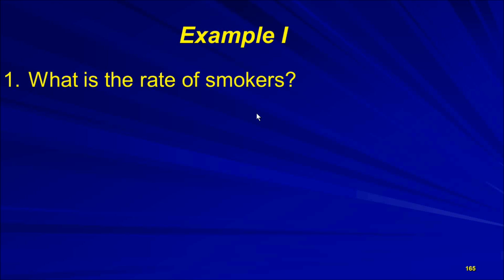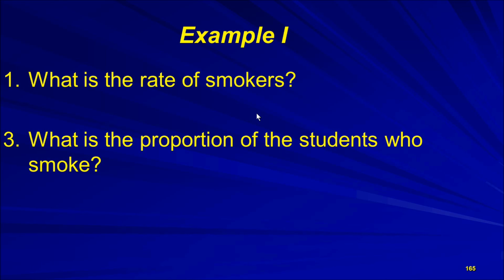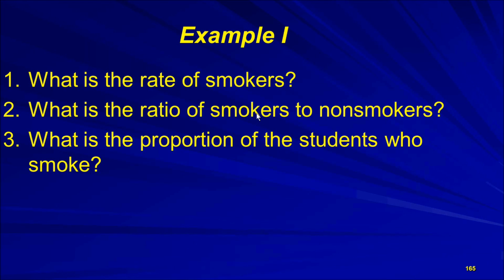Okay, example 1. What is the rate of smokers? What is the proportion of the students who smoke? And what is the ratio of smokers to non-smokers? And I'll try and go over each one of these so you are clear about it. Now, when we mean rate, we mean related, right? So we know that whatever is going to be in the denominator is going to be in the numerator, and we can't differentiate those cases.